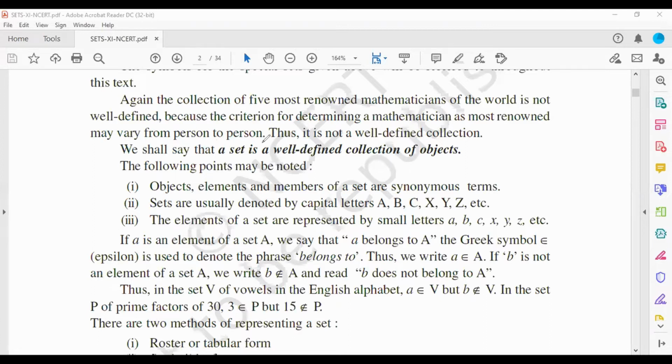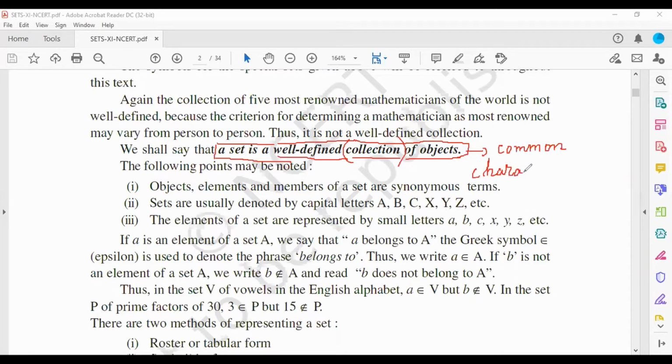A set is a well-defined collection of objects. I mean, when you collect objects, there must be something common, some common feature or common character.